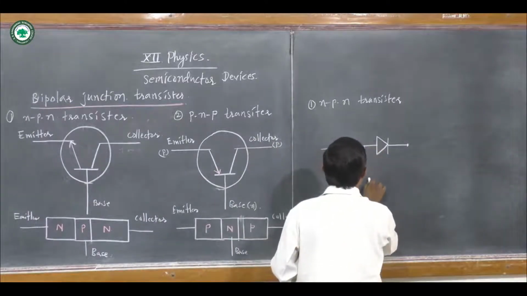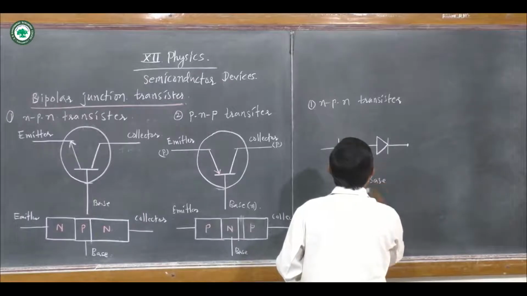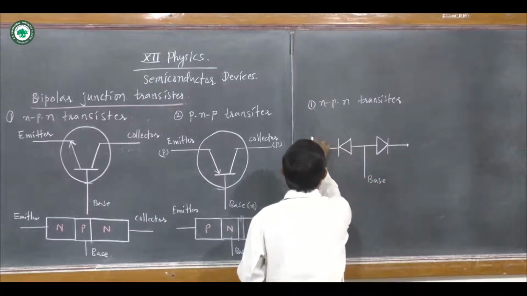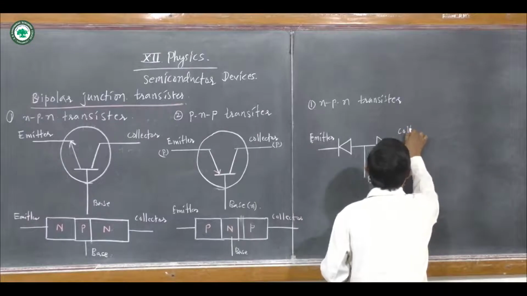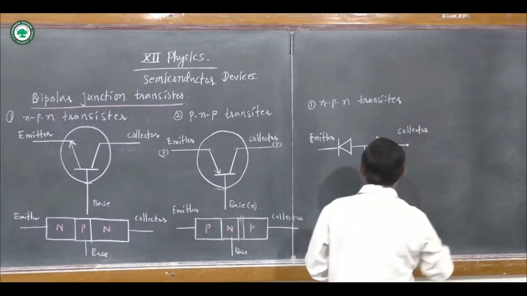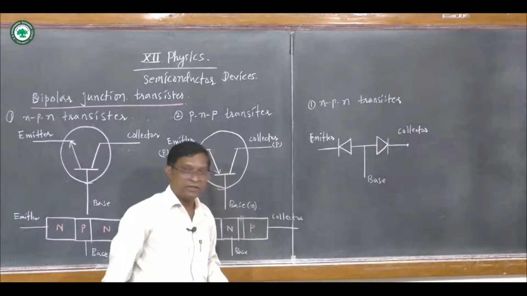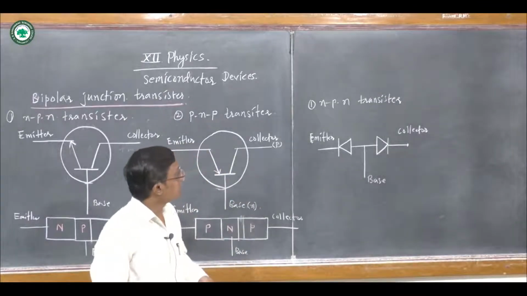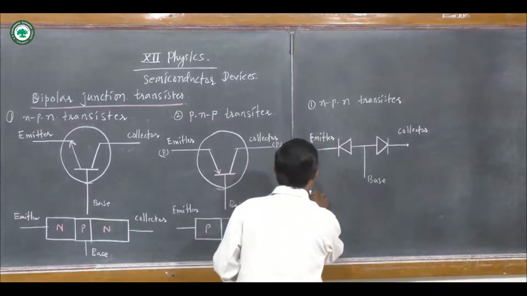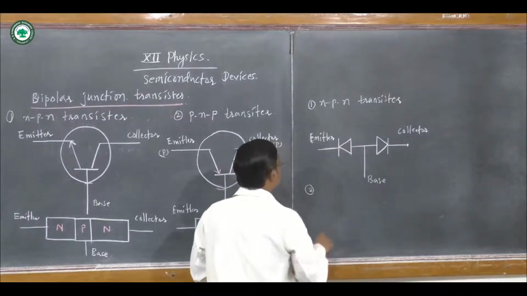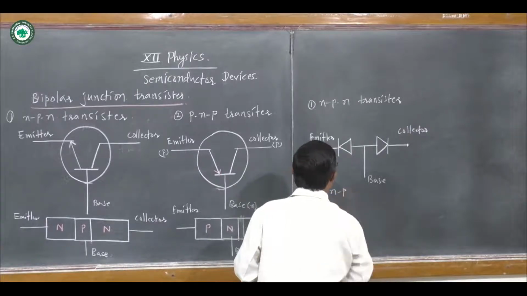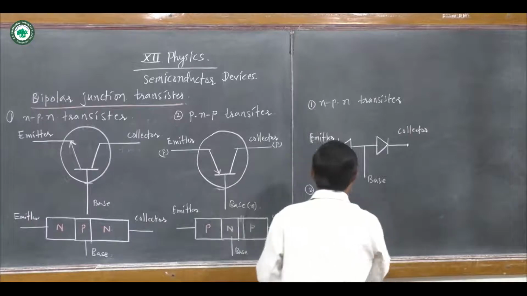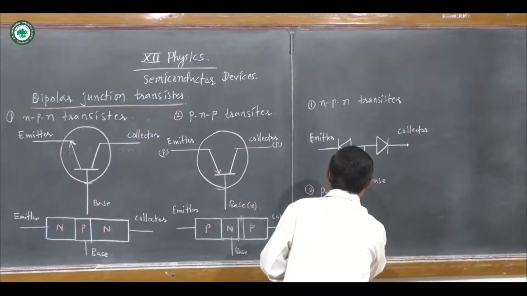This is the base region, this is the emitter, and this is the collector of the NPN transistor. Similarly, there is the analogy with the PNP transistor. The PNP transistor is nothing but two diodes connected back to back with each other.